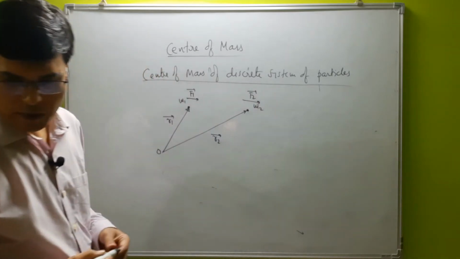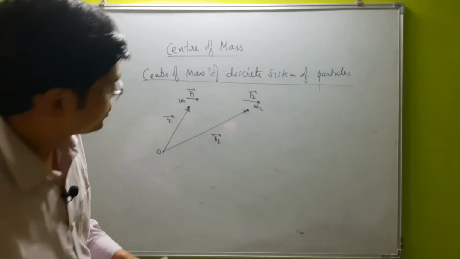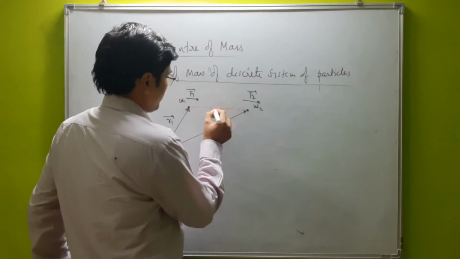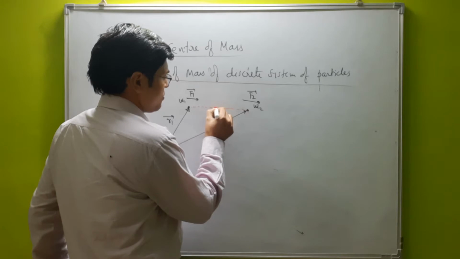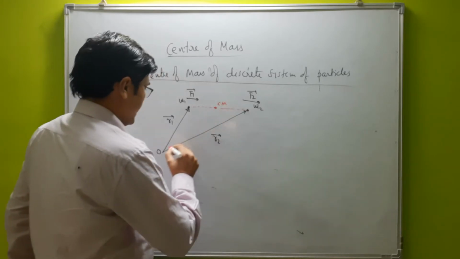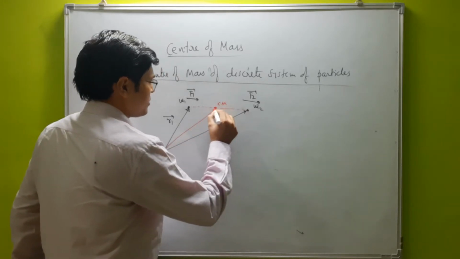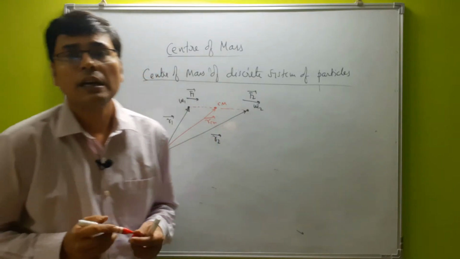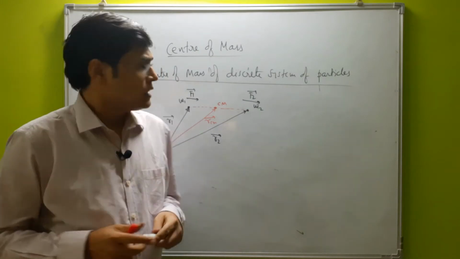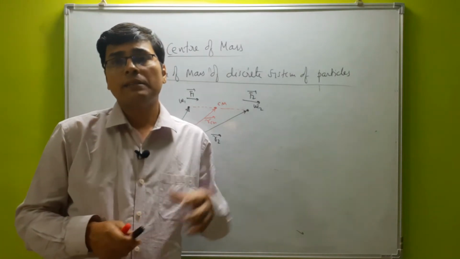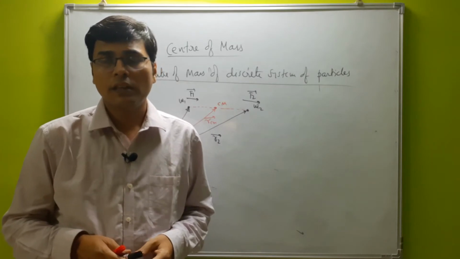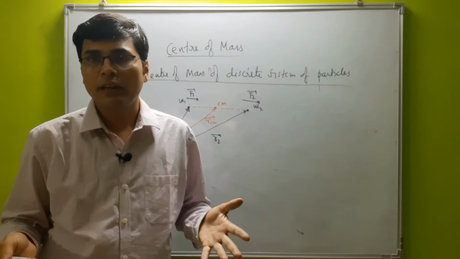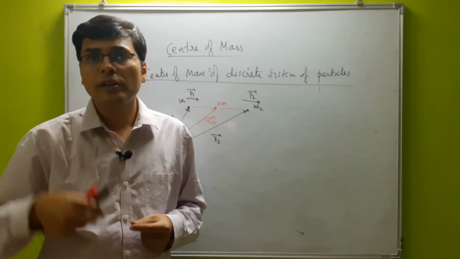Of course we can expect the center of mass to be somewhere in between, so let's assume that the center of mass is placed over here, and its position vector is RCM. Remember one thing, that it's not a must that at the location of center of mass there would be a mass.